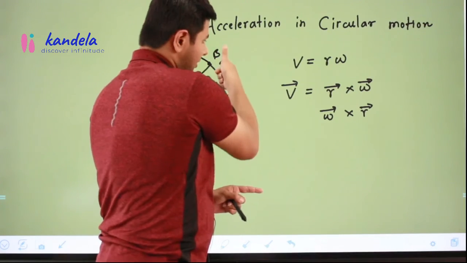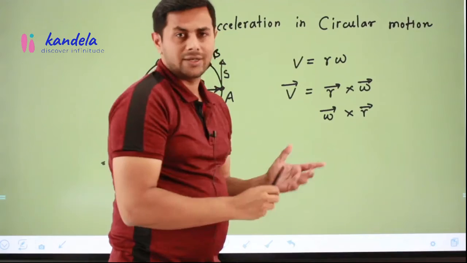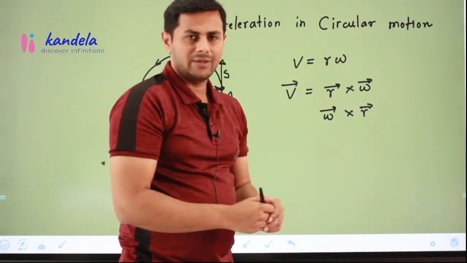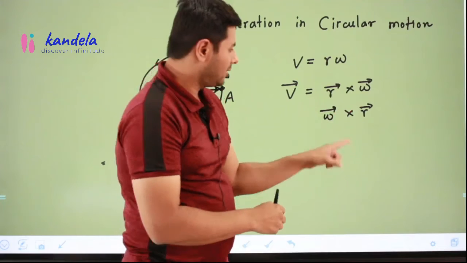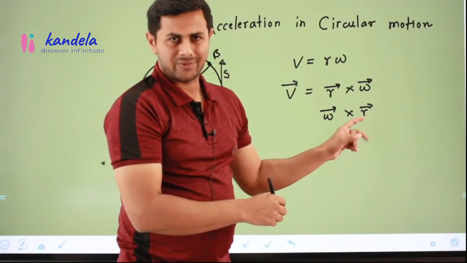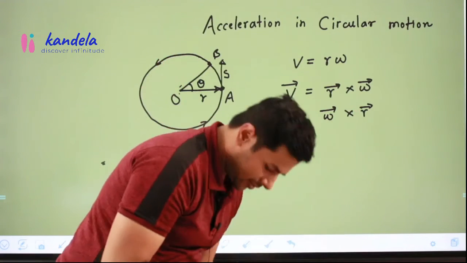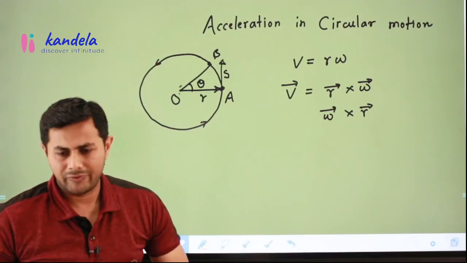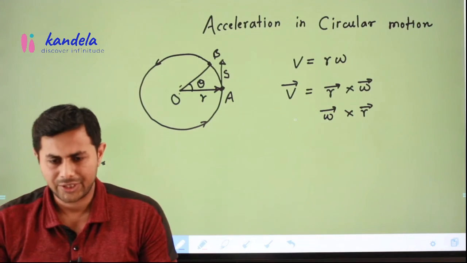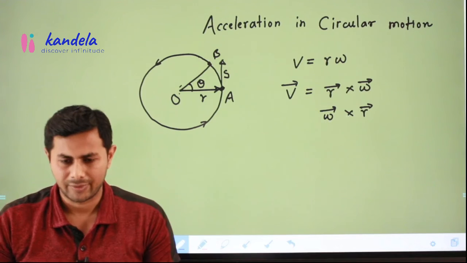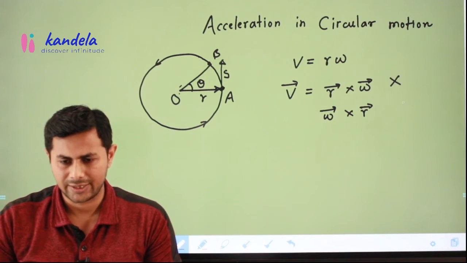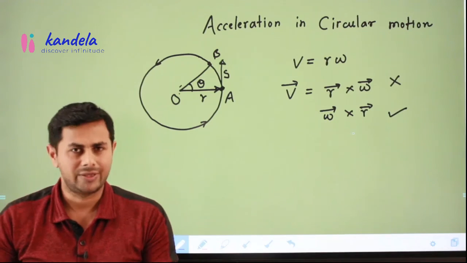And is it the direction of v bar? Yes. So that means the first relation is not correct, the second one is correct. Now we have the relation between v bar and omega bar, r bar. This one is incorrect, this one is correct.